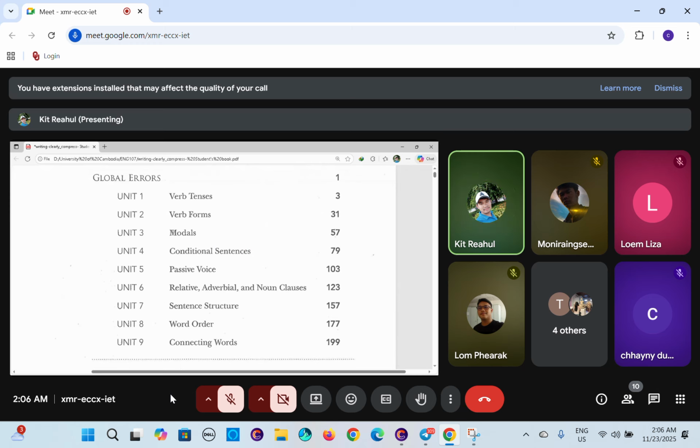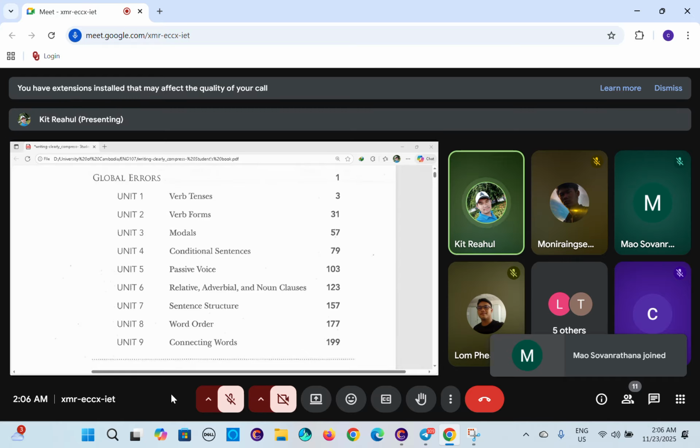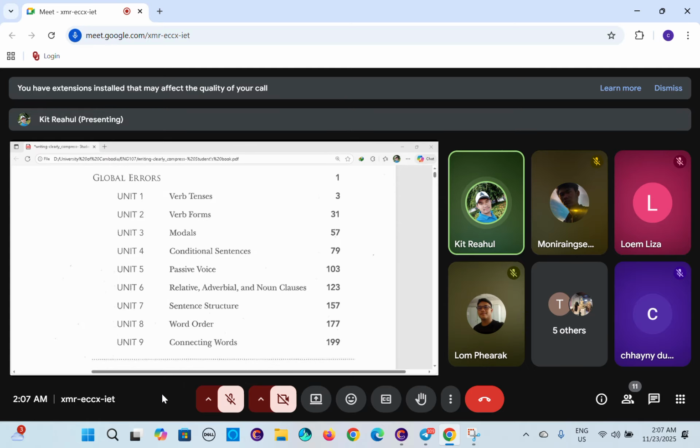We don't use modals to talk about facts. We use modals to talk about the speaker's opinion or attitude. If something is true or a fact, we just use the specific verb tense accordingly. For a fact in the past, use past simple. For the present, use present simple. For the future, use future simple.